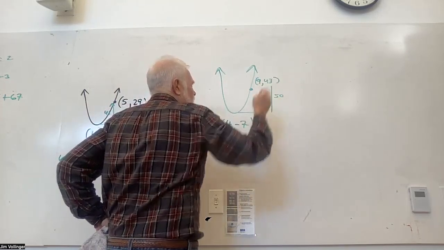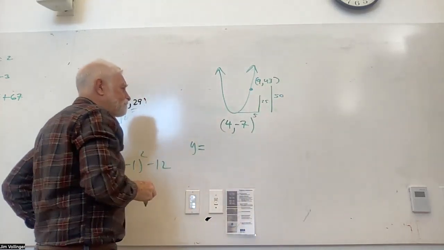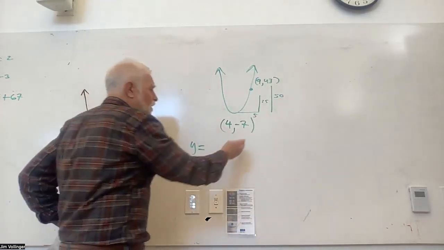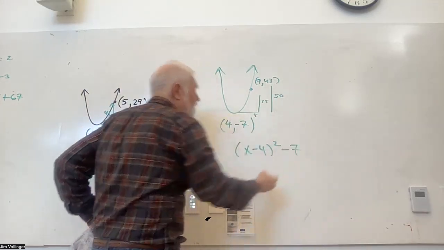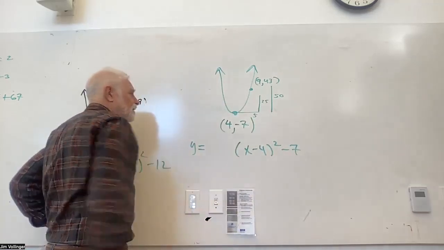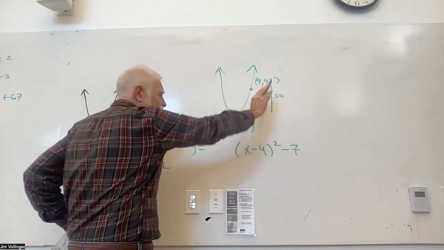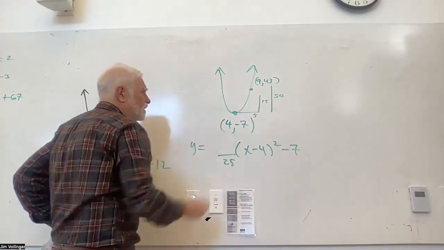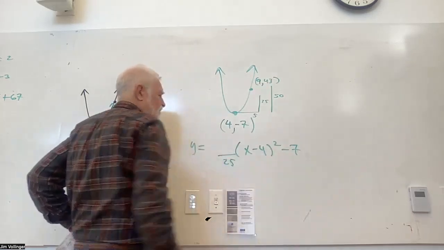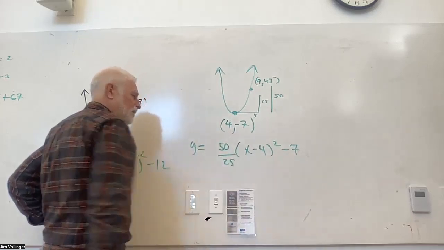I did some quick mental math there. I hope I did that right. I think I did. So we've got x minus 4 squared minus 7, highlighting the vertex. The pattern emanates from there. And I don't want that 25 units of change because I'm trying to get to 43 from negative 7. I've got to go up 50 units.